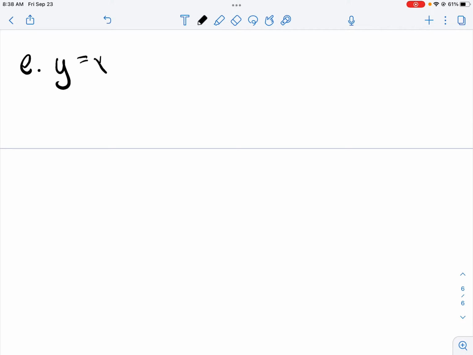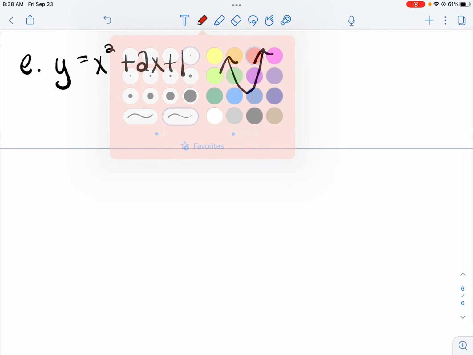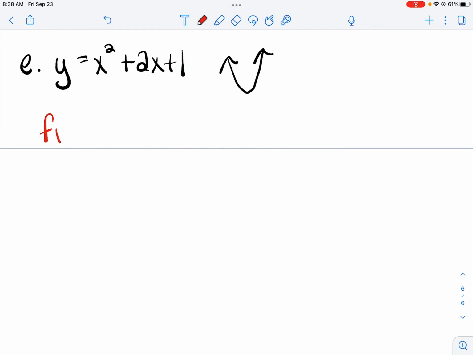Part E. I teach my students to think about the basic shapes. With an x squared, we have a parabola, and a parabola does pass the vertical line test, and so this one is a function.